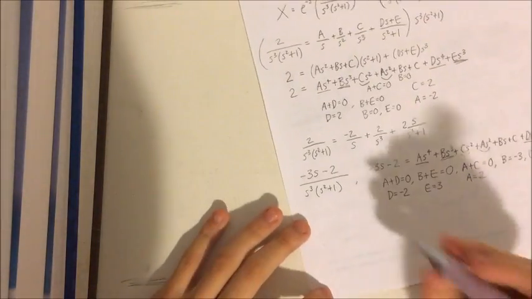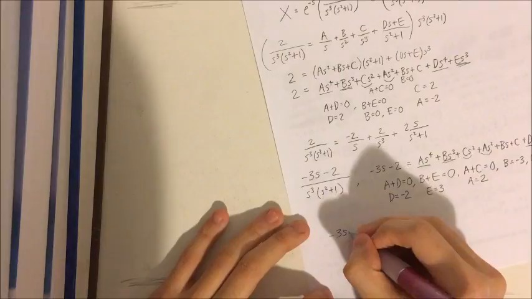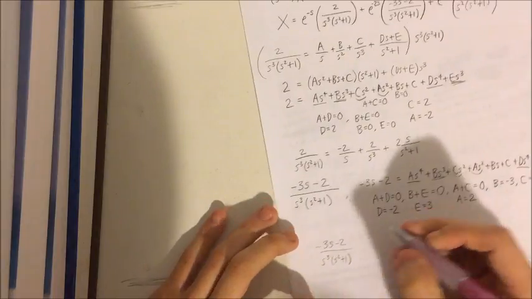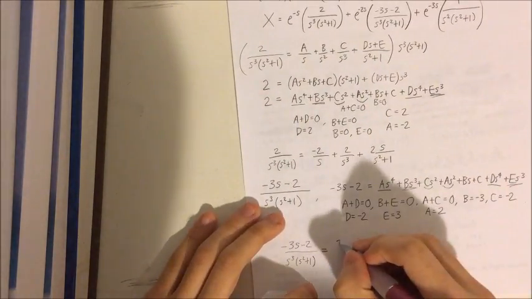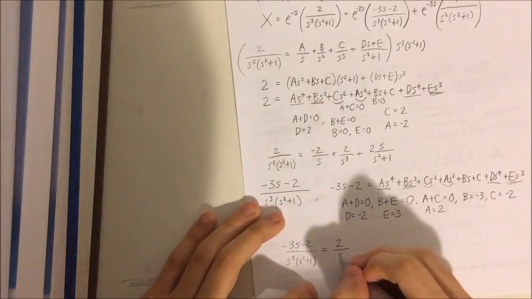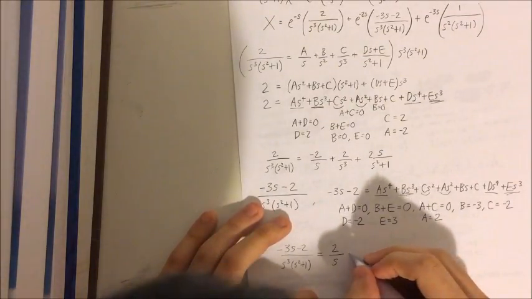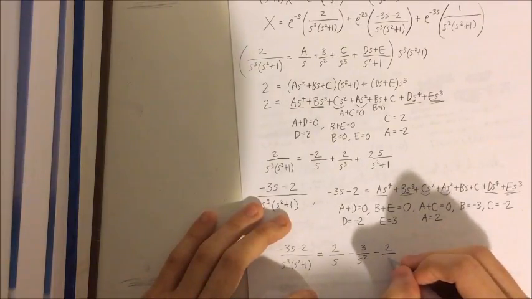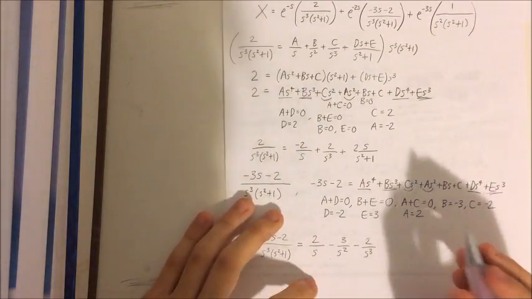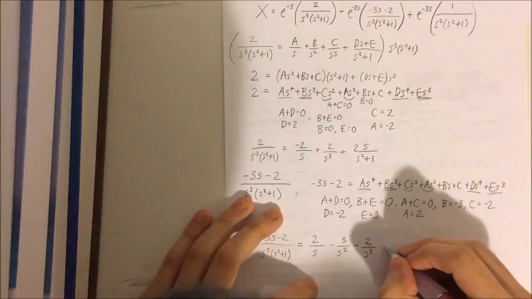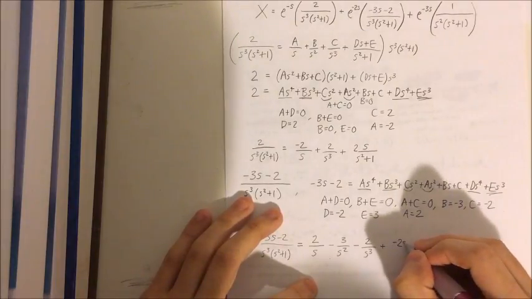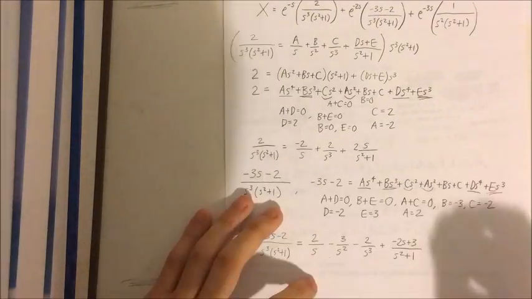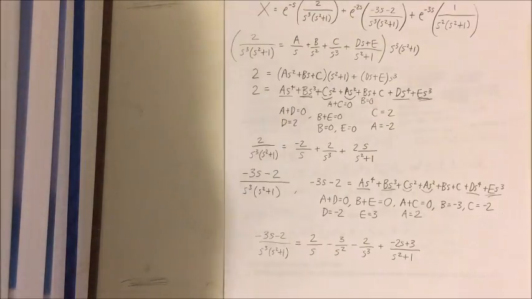So now we have this huge negative 3s minus 2 over s cubed times s squared plus 1 is equal to, we can plug the variables into their proper forms, like over here again. 2 over s minus 3 over s squared minus 2 over s cubed plus negative 2s plus 3 over s squared plus 1. And I'm going to check my notes.